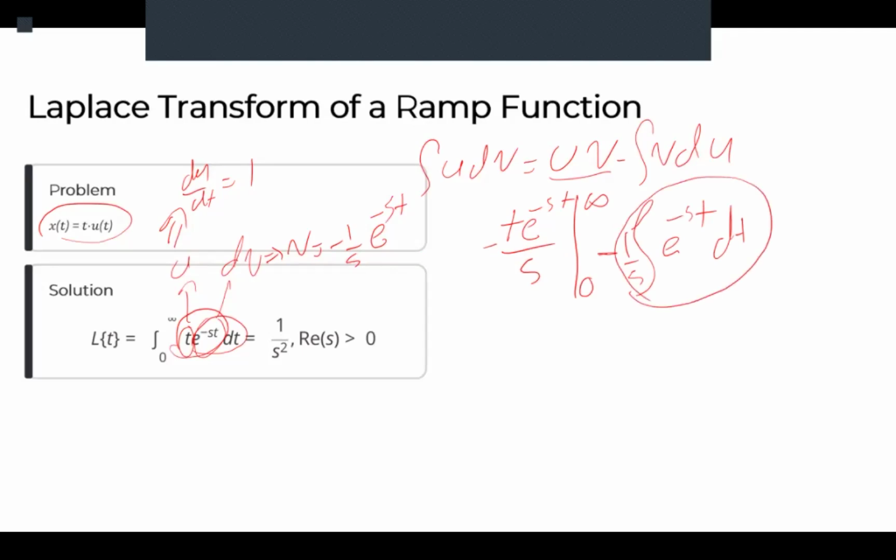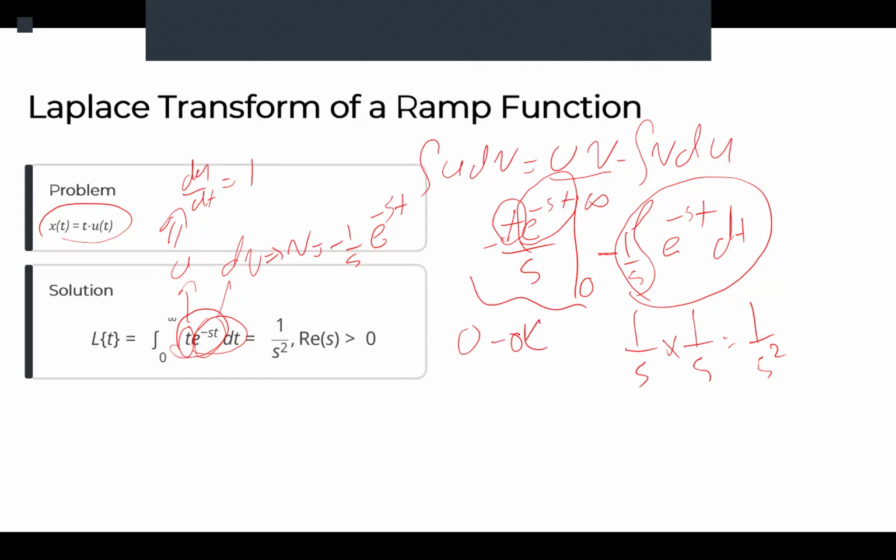Now, what is that? This is 1 over s times 1 over s. We already calculated that in the previous session. So this part is basically 1 over s squared. How about this one? When t goes to infinity, this term becomes 0, so it's 0. When t goes to 0, this one becomes 0, so again it's 0.